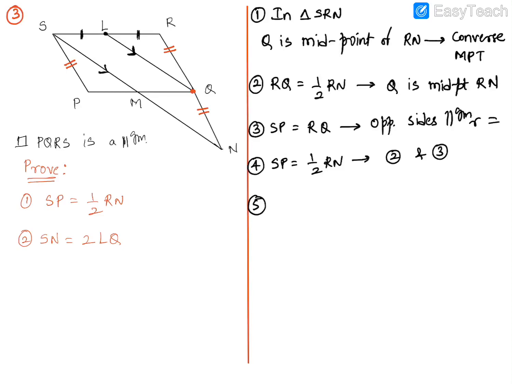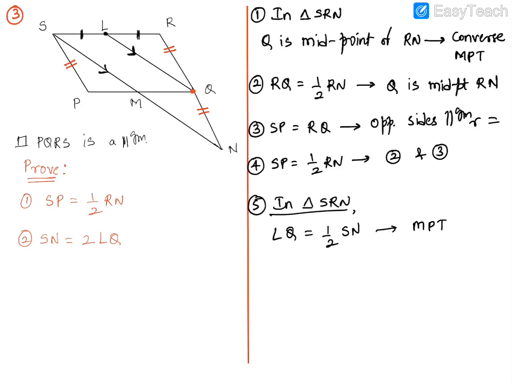So again we'll take triangle SRN. Look here now. In triangle SRN, what can we say now? LQ is equal to half of SN. Why or how? Because of midpoint theorem.